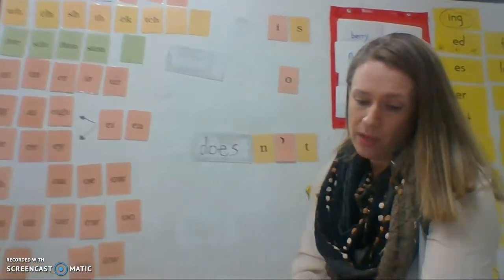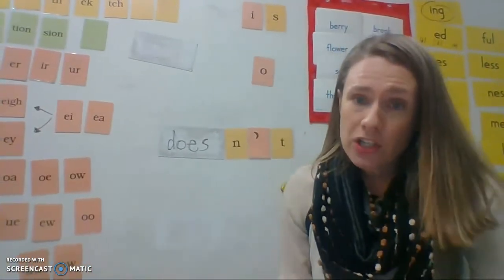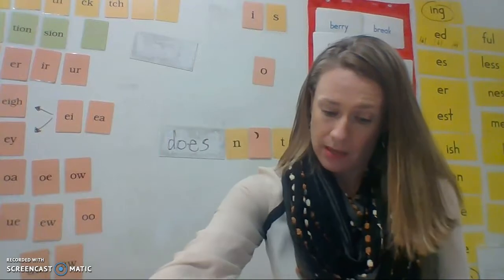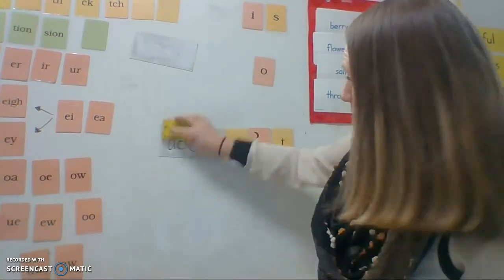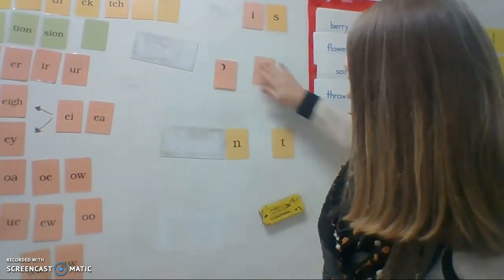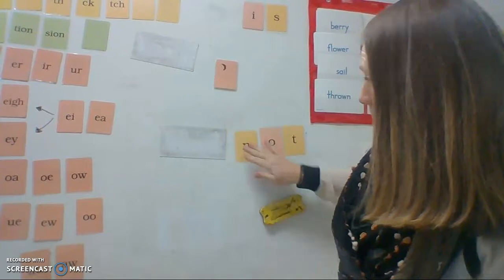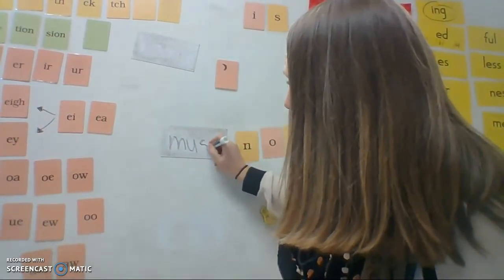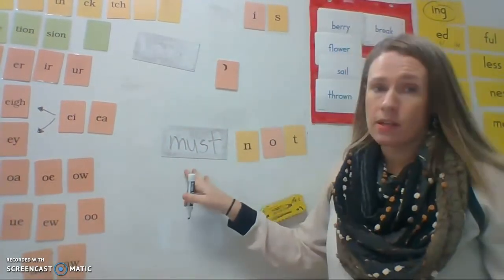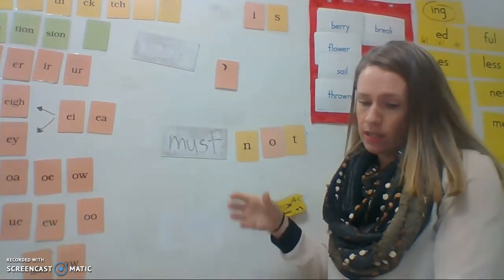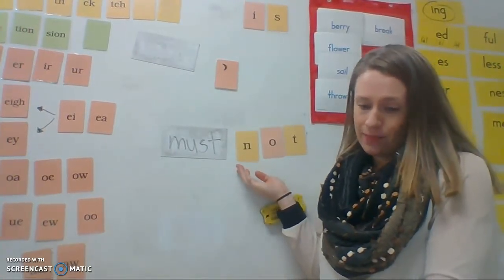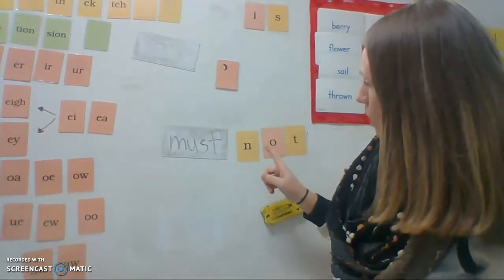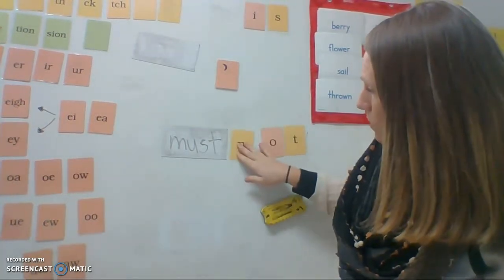Very good. Okay. Now, some contractions are a little bit tricky. Let me show you what I mean. Our first syllable word we have here is must, and then we have not. So take a look. We do the same thing.